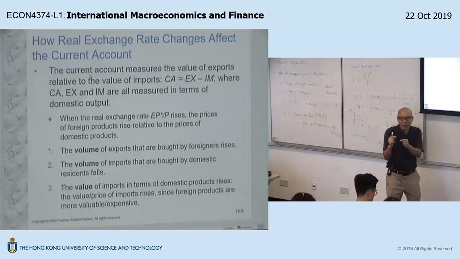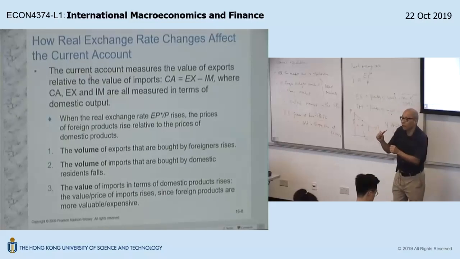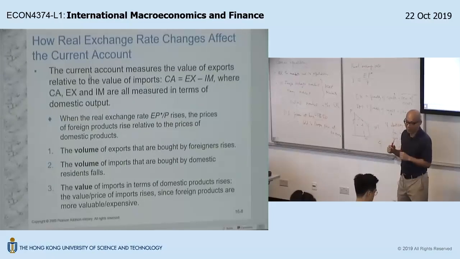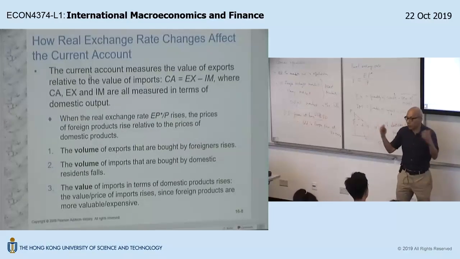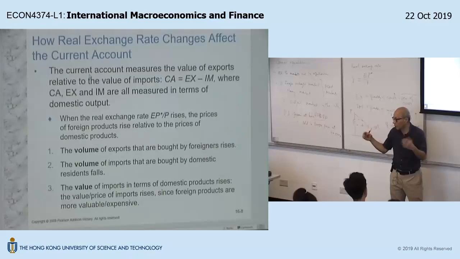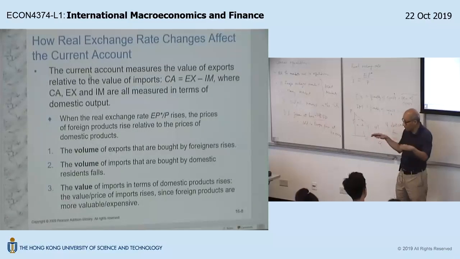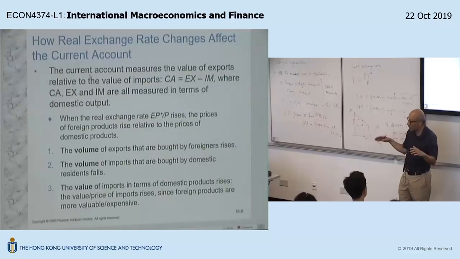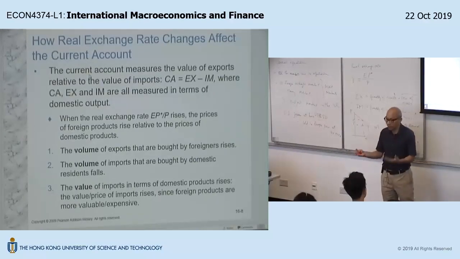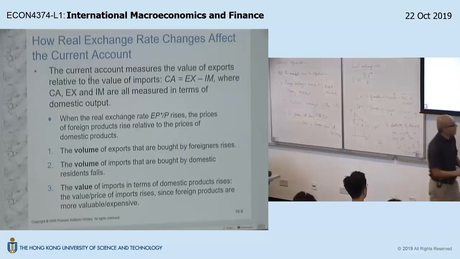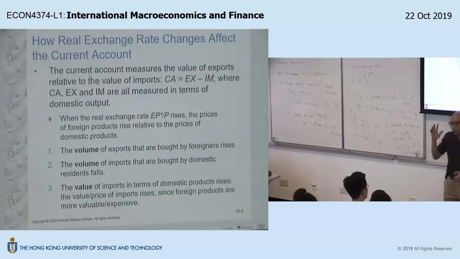So it depends not just on the elasticity of export demand, but also the elasticity of import demand. As long as the total elasticity adds up to greater than 1, that means it's sufficiently elastic. If both of them, or one of them, are sufficiently elastic, then a real depreciation will lead to an increase in net exports. In that case, the volume effect will dominate the value effect.